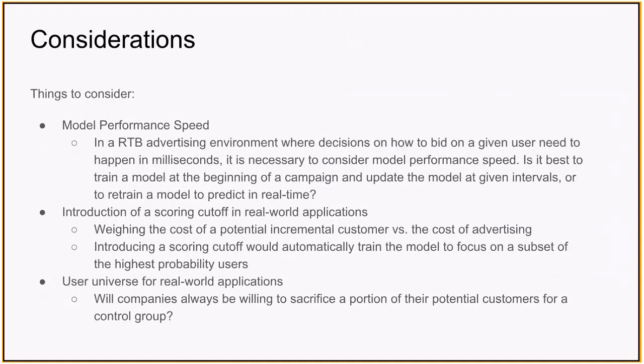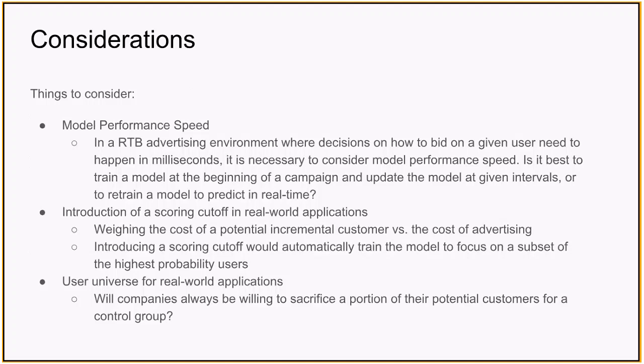So what that would mean is that we could potentially weigh the cost of serving ads to a persuadable customer versus what the cost of that ad would look like. So to maximize the ROI, do we want to set up a cutoff where we only want to target 60% of our highest probability of conversion users? So to really find that cutoff that allows us to maximize the potential gains versus the cost of serving those users ads.